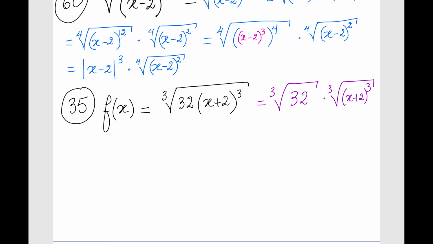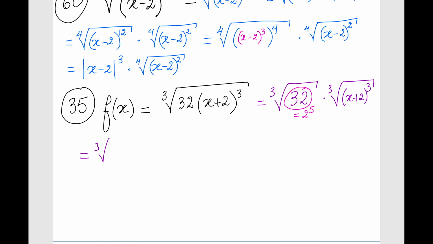Okay, and the third root of 32, what's the prime factorization of 32? Well, it's 2 to the power 5, am I correct? So that's the same then as, what's the largest multiple of 3 in 5? It's 3 itself.